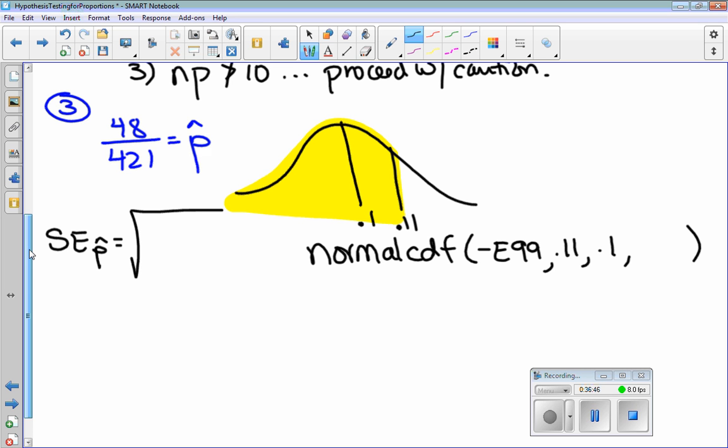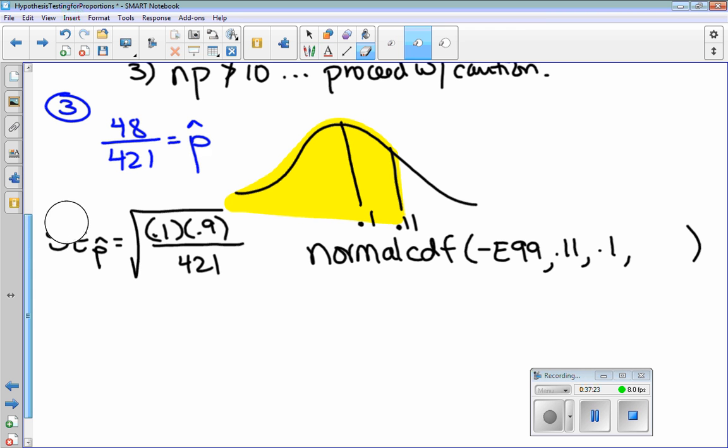Okay, so what do we put in here? Why am I using different numbers than what you told me? Well, the claim is 0.1. Isn't P 0.1? Right? So we have a P, don't we? That's all. So we're going to use it. We only use the P hat if we don't have a P, which we have, so we're good. Then what do you use? Oh, it's standard deviation.